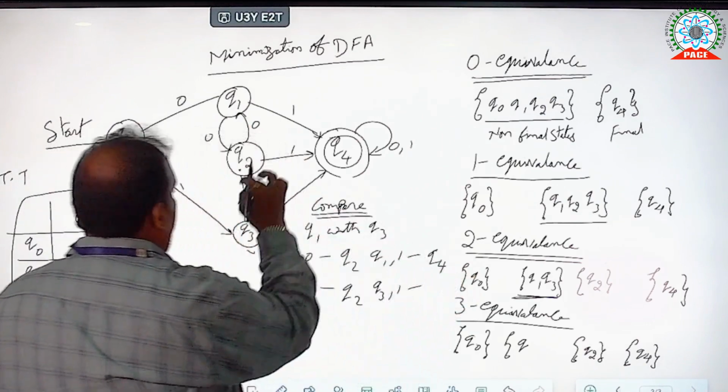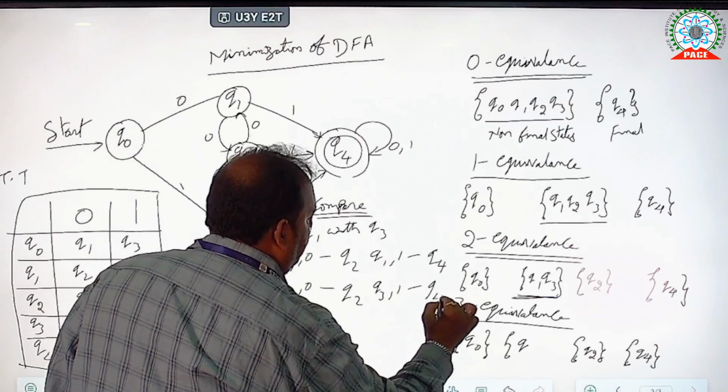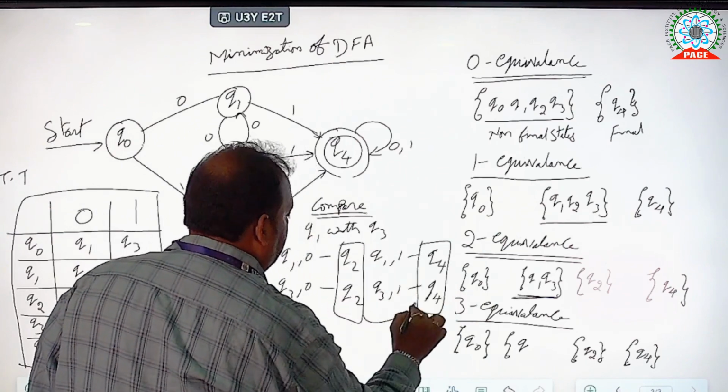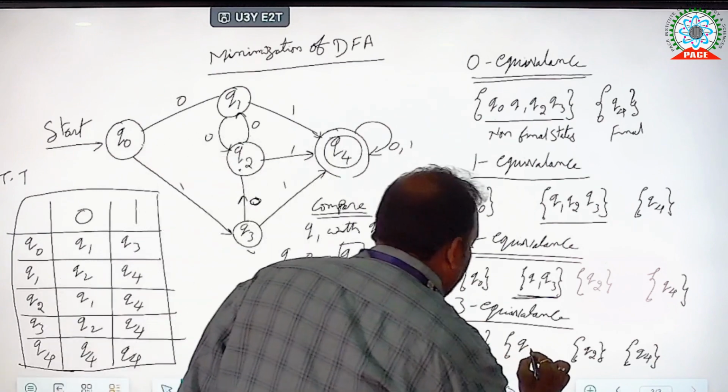So here also Q4 and Q2 are the same in equivalence. That's why we write Q1, Q3 as one state.